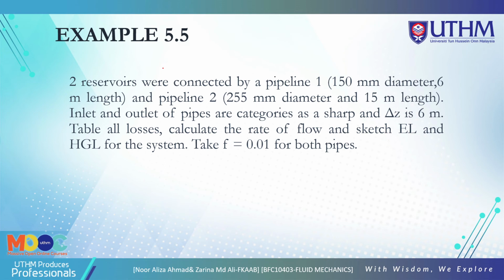Okay, so now we look at the example here. A reservoir. So two reservoirs were connected by a pipeline 1 and 2. So maksudnya the gambar dia, figure dia adalah this one. So this is example 5.5, based on two reservoirs connected.